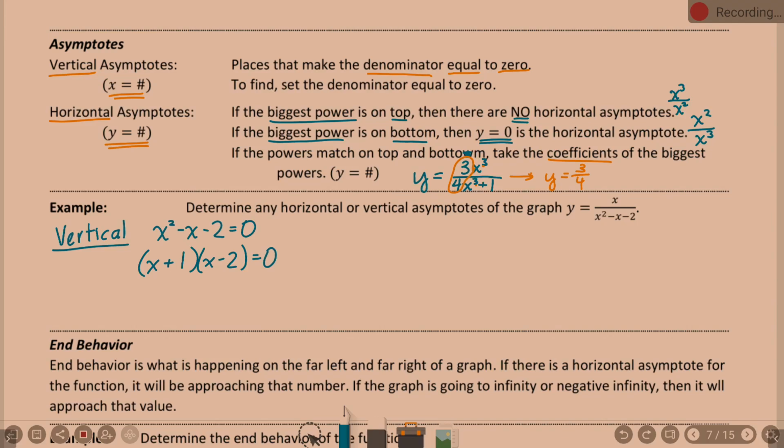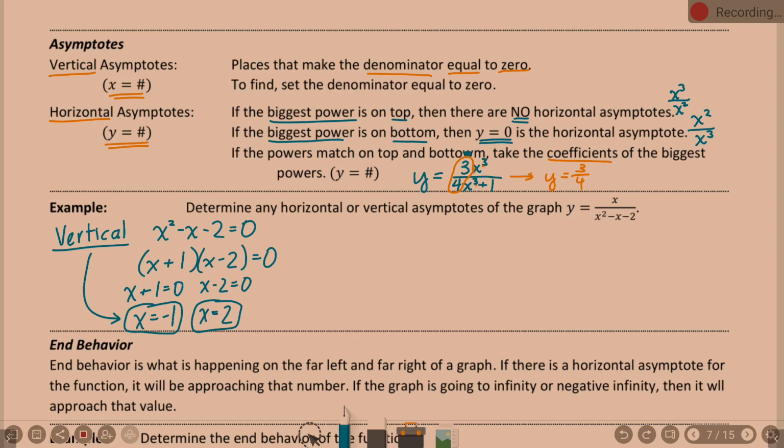Am I done? No. Now set each factor equal to 0. So x plus 1 equals 0, x minus 2 equals 0. Solve those: x equals -1 or x equals 2. Those are my vertical asymptotes. This is a scenario where there's going to be 2.